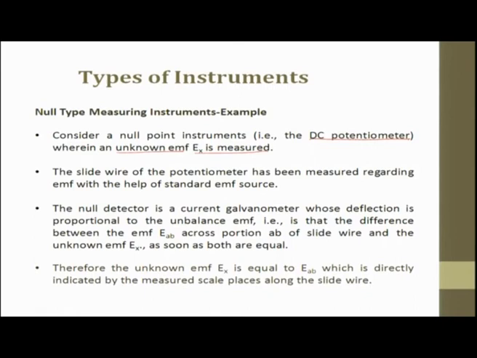The null detector is a current galvanometer whose deflection is proportional to the unbalanced EMF, that is, the difference between the EMF across portion AB of the sliding wire and the unknown EMF Ex, until both are equal.